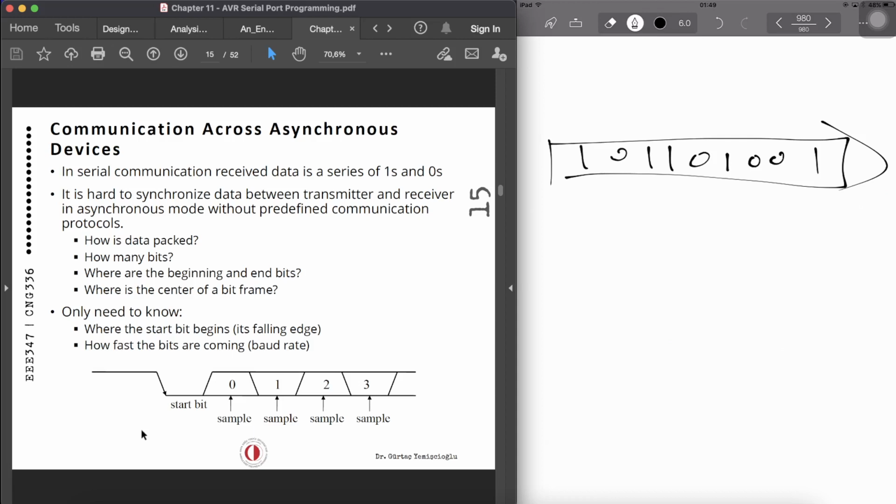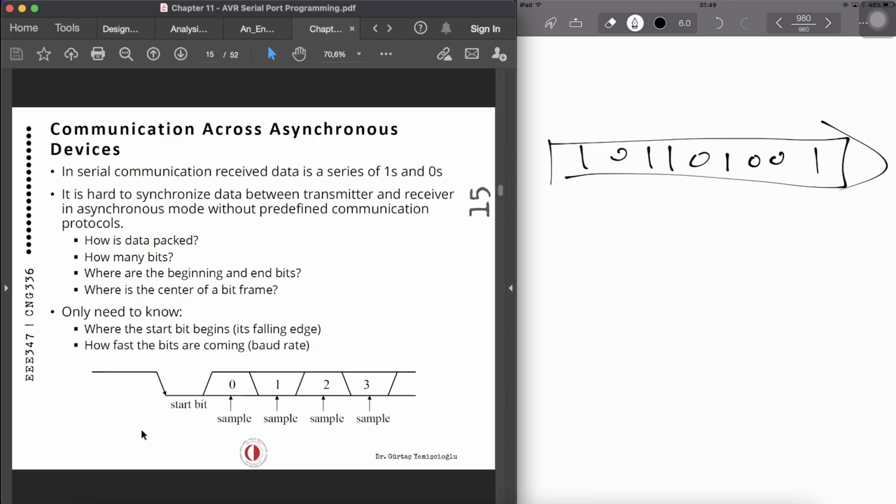All you need to know is where the start bit is. Generally, it's on the falling edge, and how fast the bits are coming, from which we can calculate the baud rate. Now, asynchronous serial data communication is widely used for character-oriented transmissions, while block-oriented data transfer uses the synchronous method.